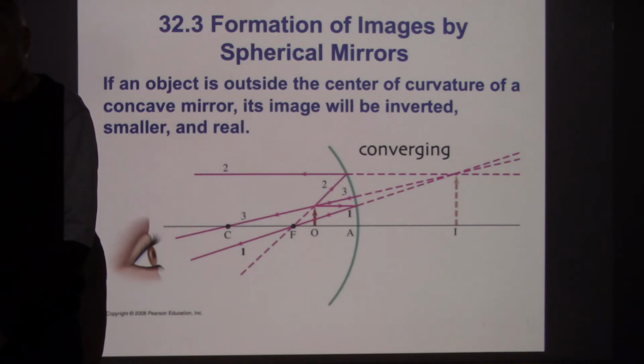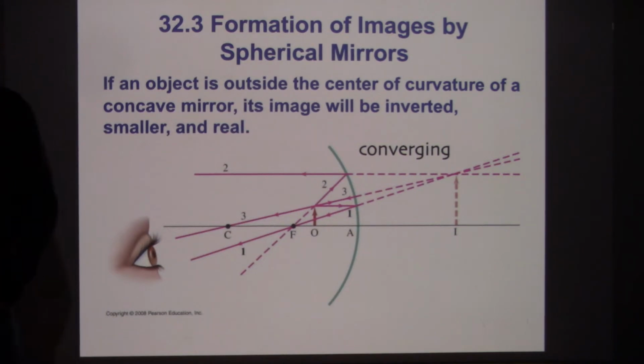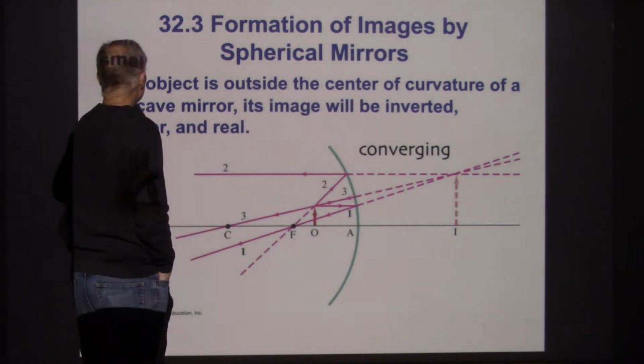If an object is outside the center of curvature, the image will be inverted, smaller, and real. Ooh, we're going to have to see what we have here. I think they're telling us something incorrect. I didn't catch this when I was going through the notes.